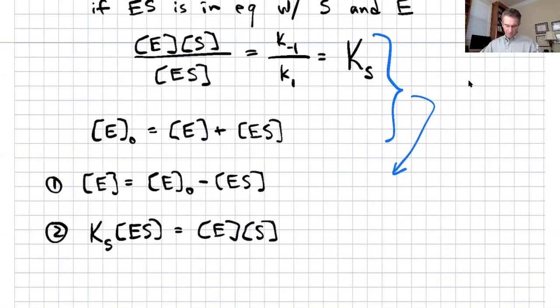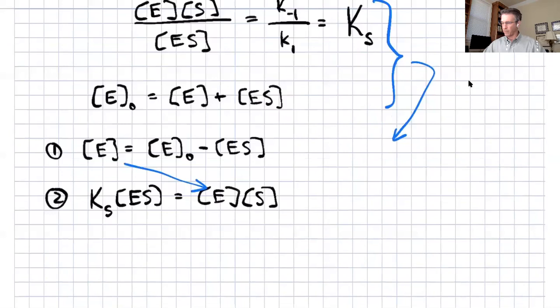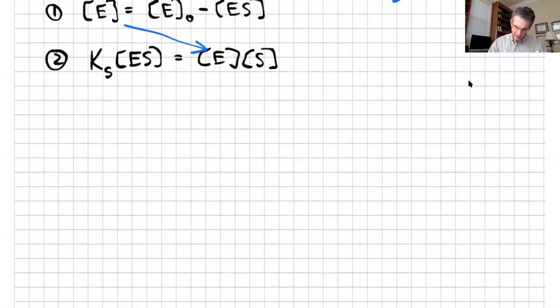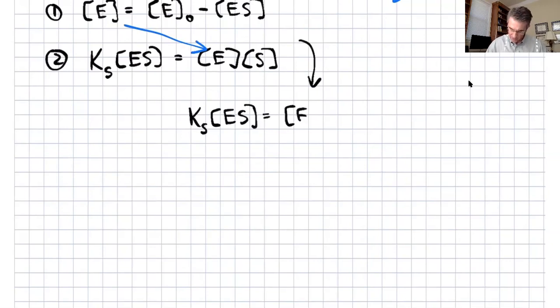Now all I've got to do is substitute and grind through some simple algebra. What I get is that K_S times the concentration of ES is simply equal to the concentration of E0 times the concentration of S minus the concentration of ES times the concentration of S.